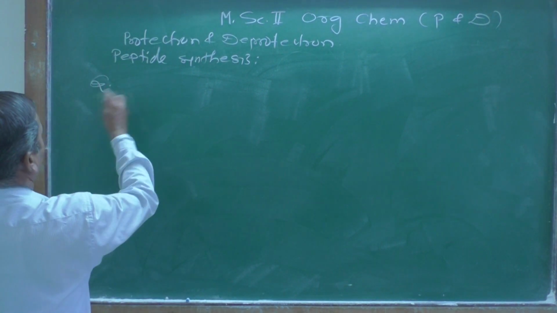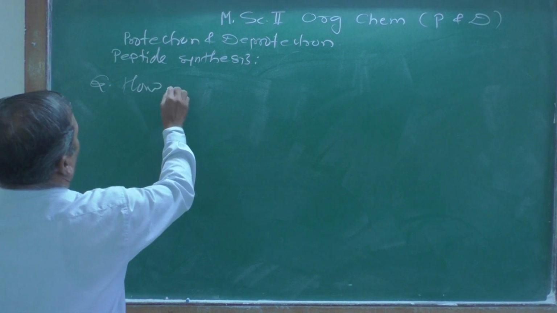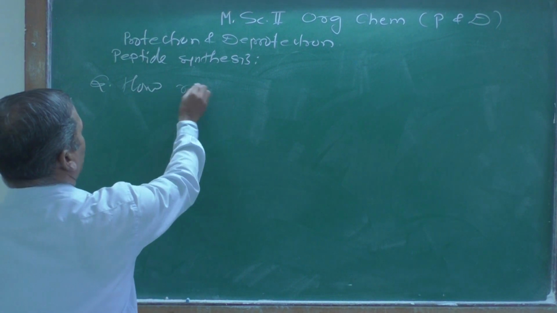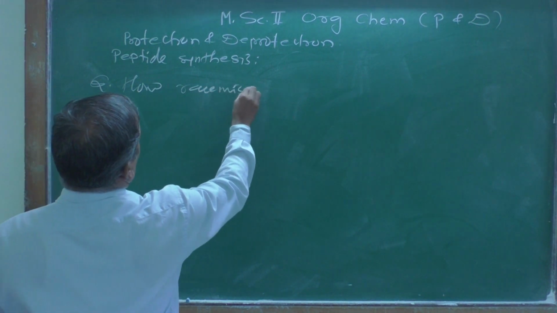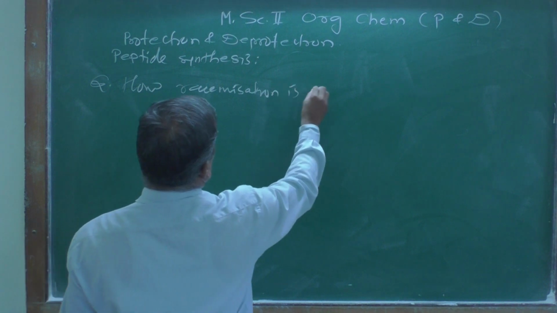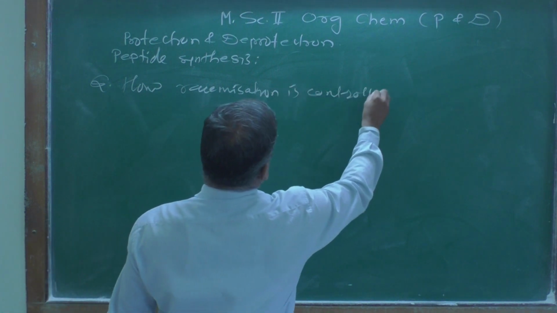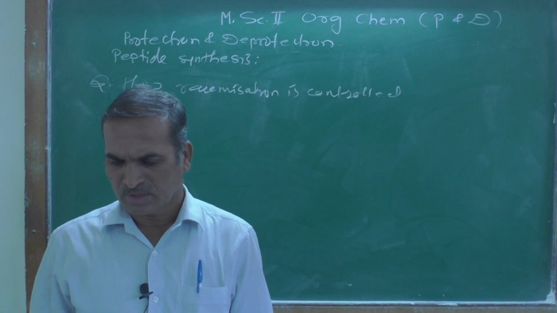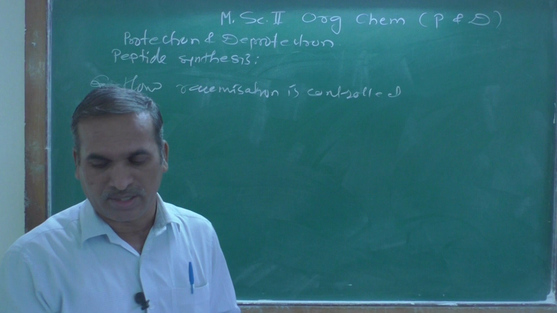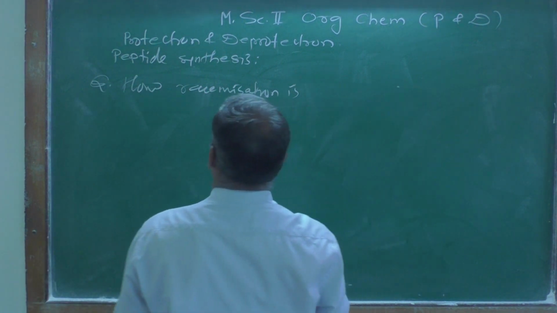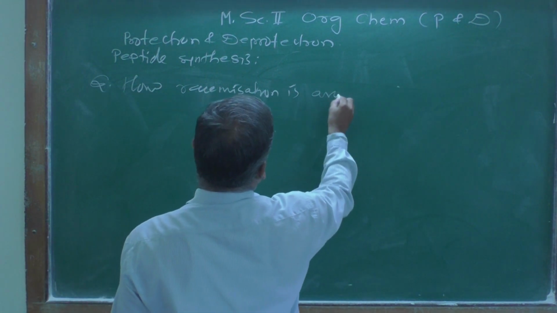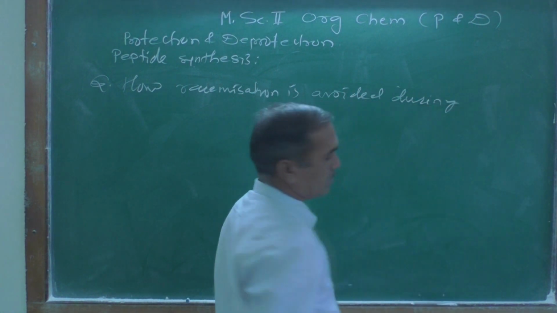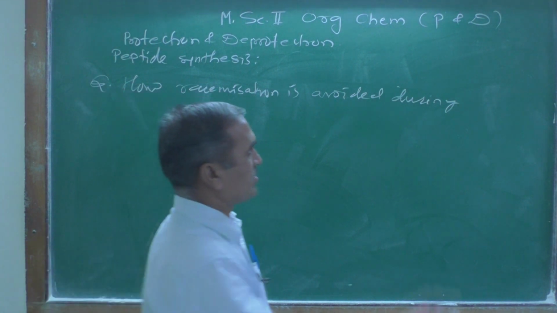So the question: how is racemization controlled, how is racemization avoided during peptide synthesis?